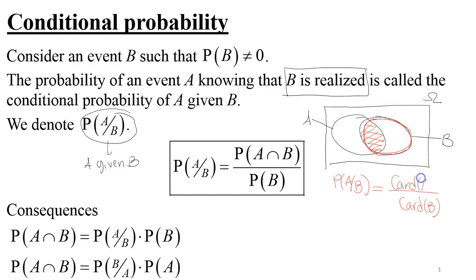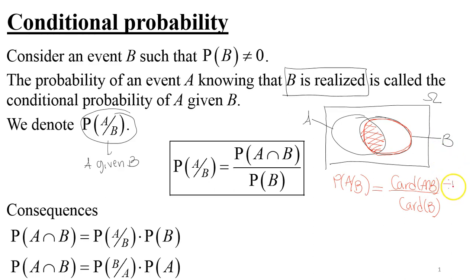So that would be the cardinal of A inter B. So the probability of A given B is in fact the cardinal of the intersection of the two events divided by the cardinal of B, the cardinal of the set, or the event, that is realized.